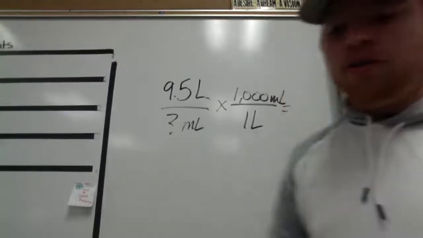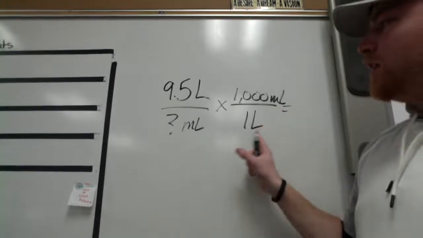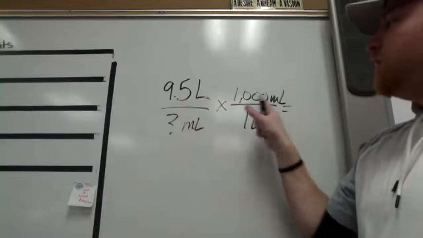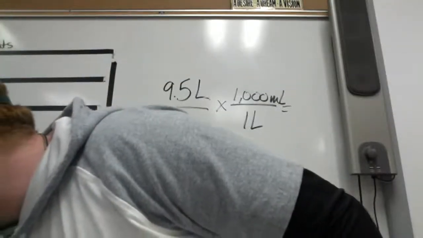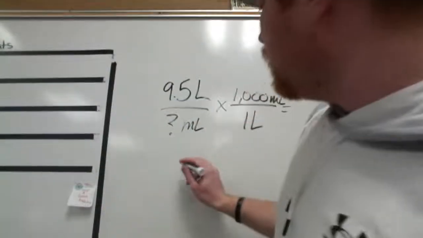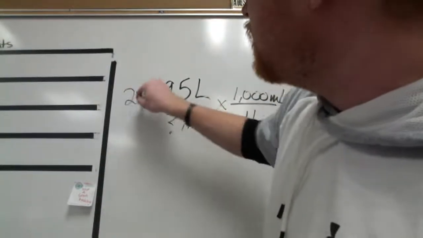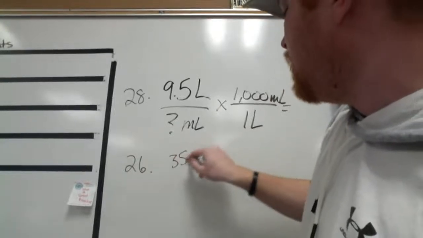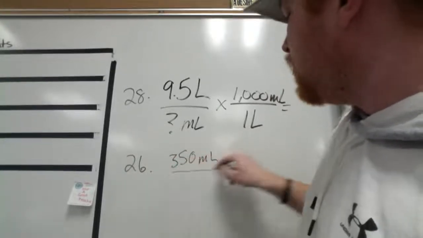Greta, 8.2, 28's right here. So you just have to multiply across. So you go 9.5 times 1,000. And then 26 is 350 milliliters over, we don't know how many liters. Oh, no, it's the other way around. Sorry.